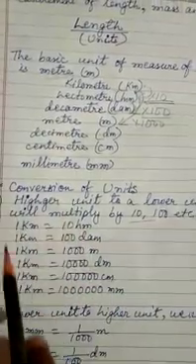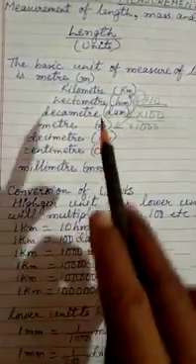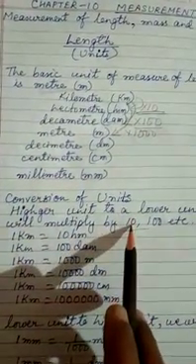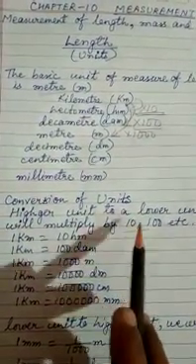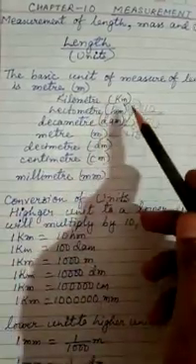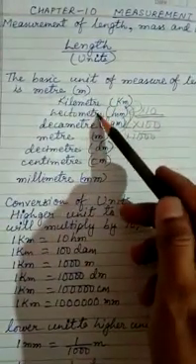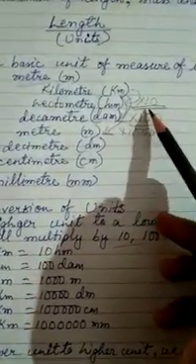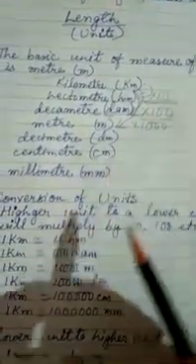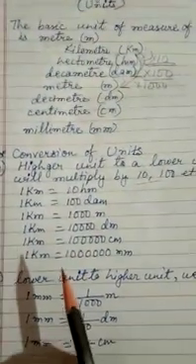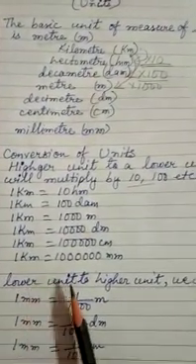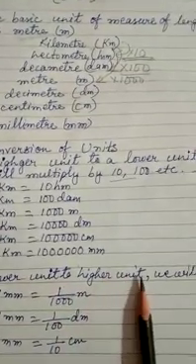So this is the way to convert from higher to lower unit: you have to multiply with 10, 100 each. Between two units, there is a gap of 10.